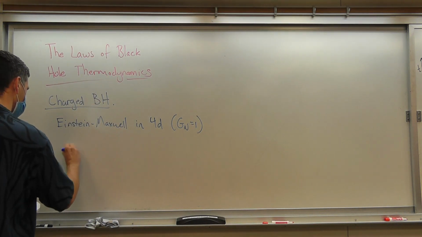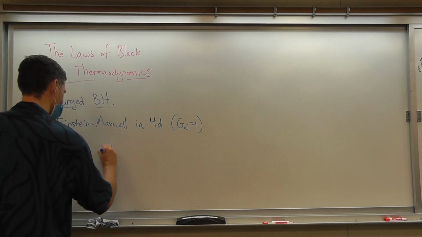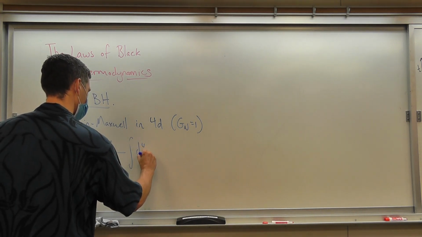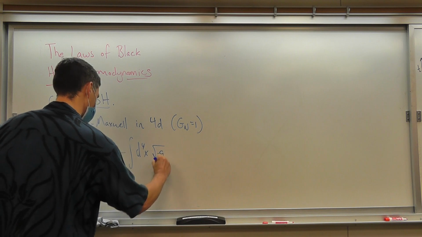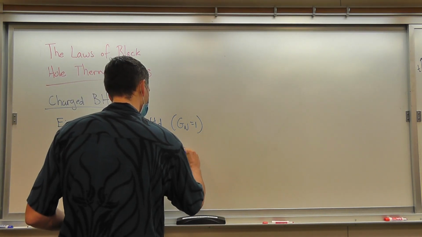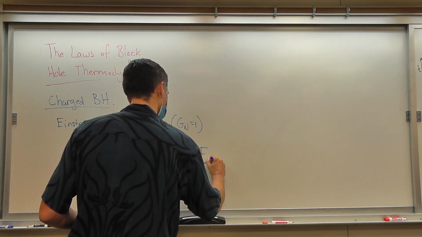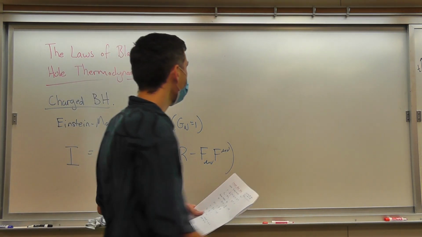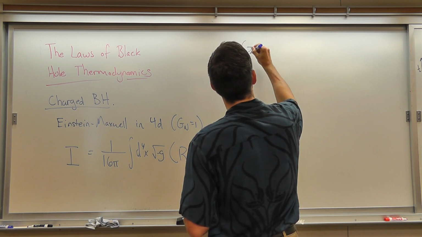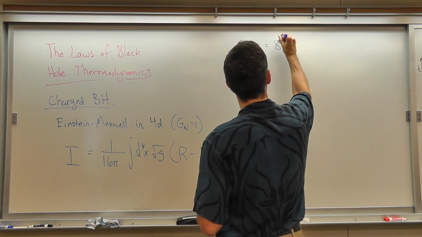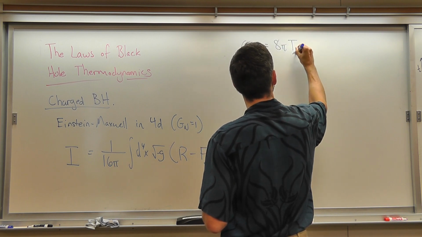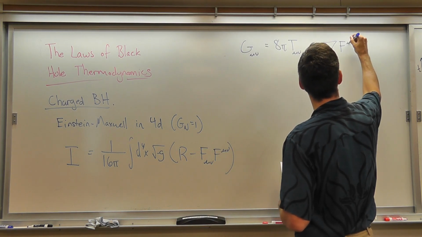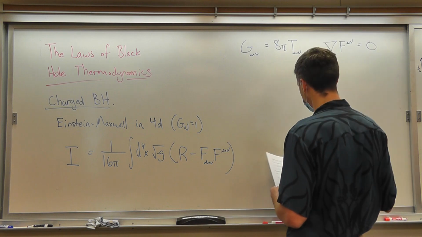So the action I is 1 over 16 pi, integral d^4x, root minus g, R minus F_μν F^μν. The equations of motion, of course, are the Einstein equation, G_μν is 8 pi T_μν, and ∇_μ F^μν is equal to 0.